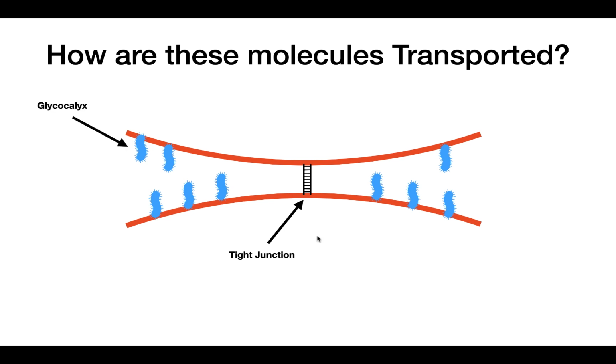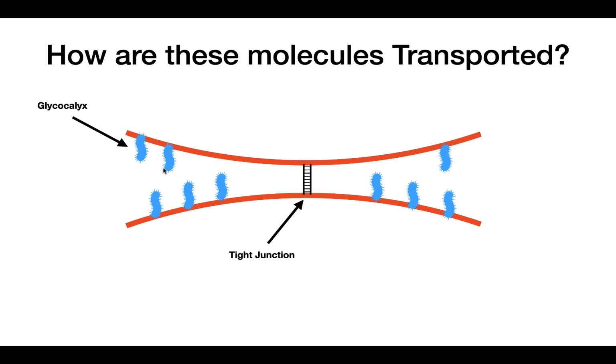And then these little blue rods in front of the tight junction, facing the lumen and facing the ISF, are known as glycoproteins. These glycoproteins form the glycocalyx. So these act as a pre-filter that prevents certain molecules from passing.